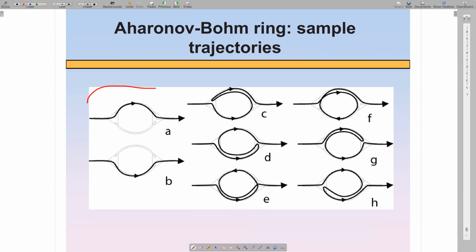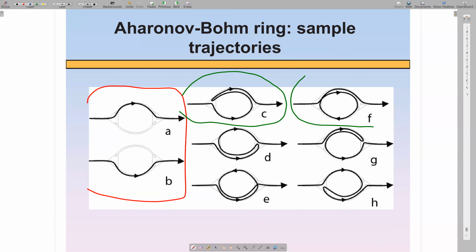This is a pair of very simple trajectories. The electron goes from the left to the right after taking either the upper branch or the lower branch. Besides, I have more complex trajectories. Let me compare C and D, I'm sorry.